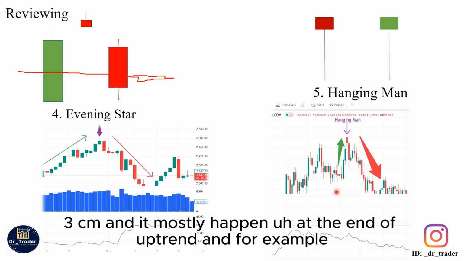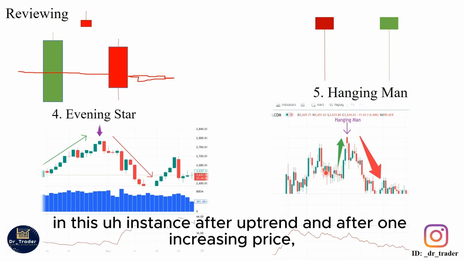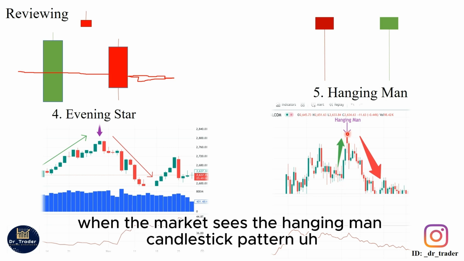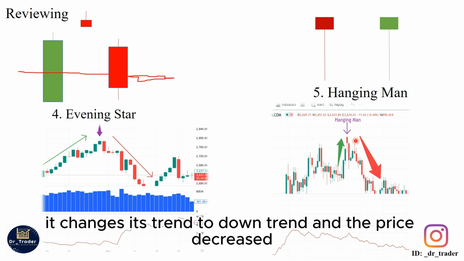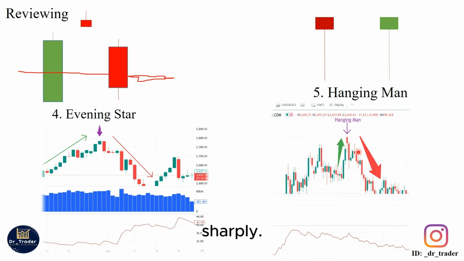It mostly happens at the end of an uptrend. For example, in this instance, after an uptrend and one increase in price, when the market sees the hanging man candlestick pattern, it changes its trend to downtrend, and the price decreased sharply.